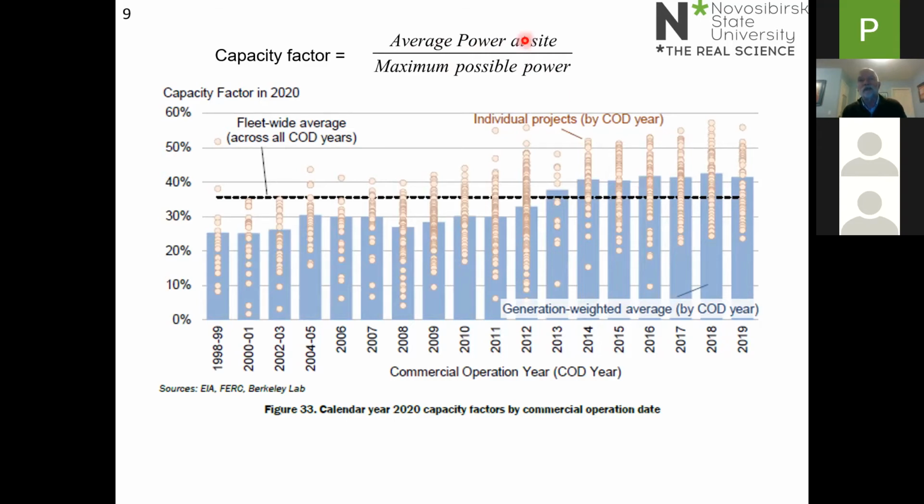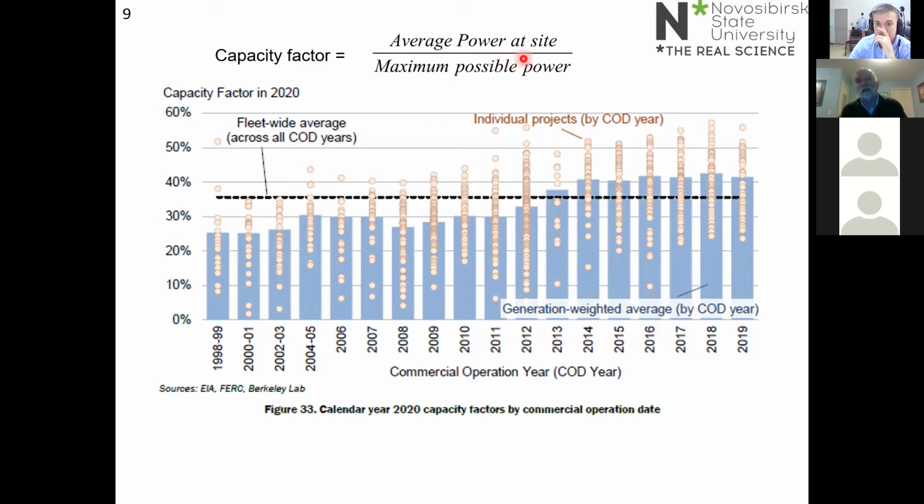Okay. And if you think about it, the capacity factor is extremely important because it basically tells you how much electricity you're going to produce at a site, and therefore what is the income you're going to get from your wind farm or your solar farm.